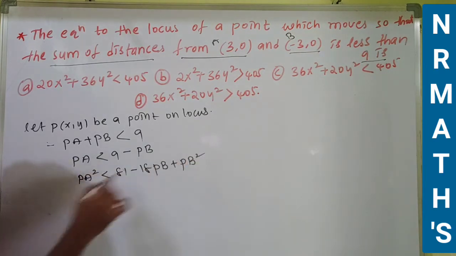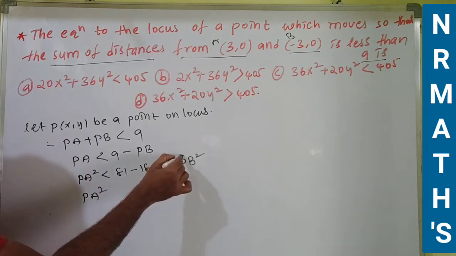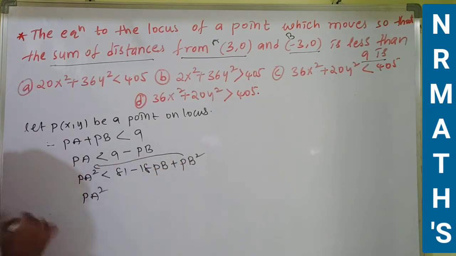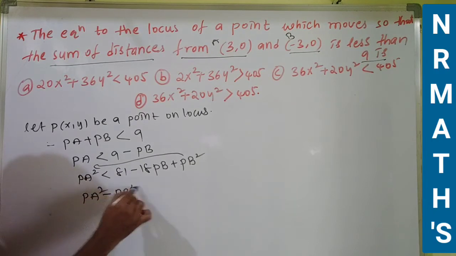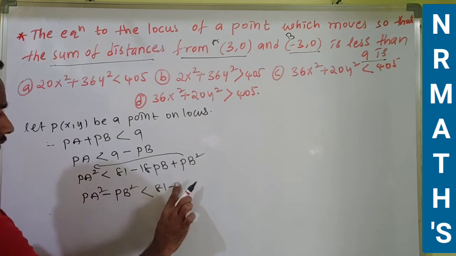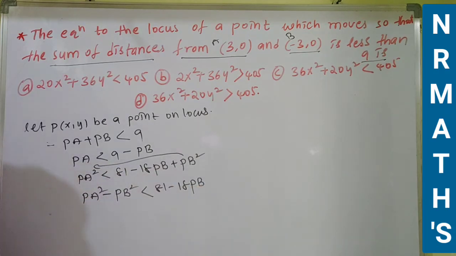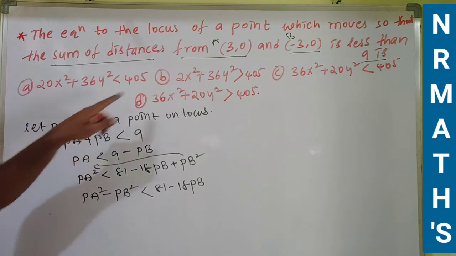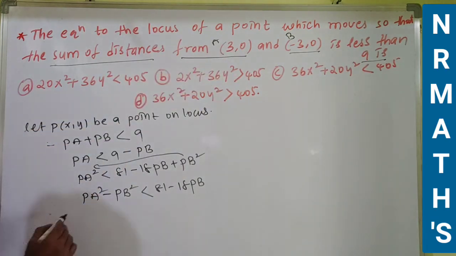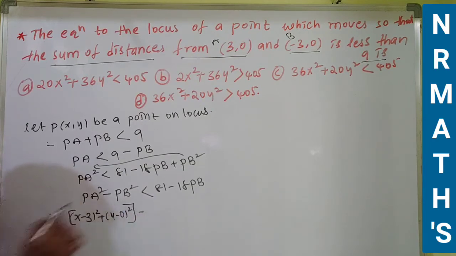Now PA square minus PB square, taking to the left side, is less than 81 minus 18 into PB. Now write PA: P means x comma y, A is 3 comma 0, so x minus 3 whole square plus y minus 0 whole square is PA square. Here minus, right.